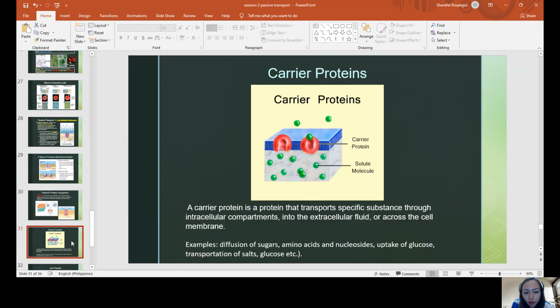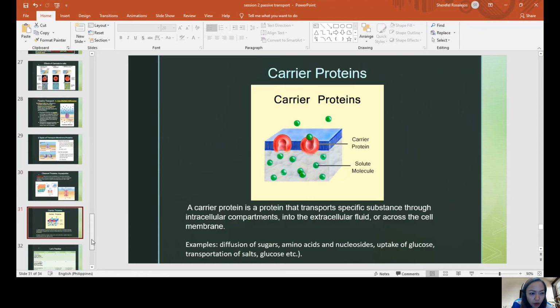When we say carrier proteins, they are also very specific because they change, right? Their pathway will change to the shape of whatever will pass through. This is very unique because it is a shape shifter.